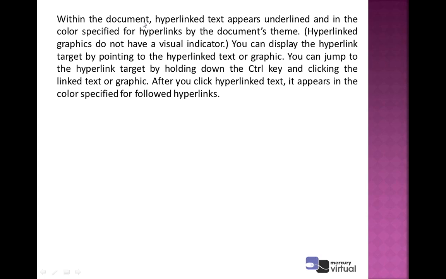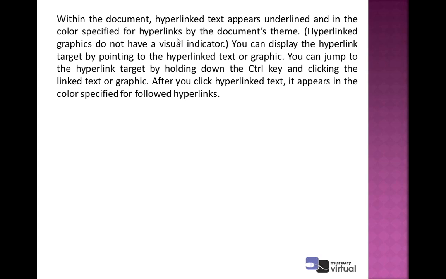This says within the document, hyperlink text appears underlined and in the color specified for hyperlinks by the document theme. It means whenever you create a hyperlink using text, it always appears in an underlined format, or in the color specified for hyperlinks. It always shows in blue.